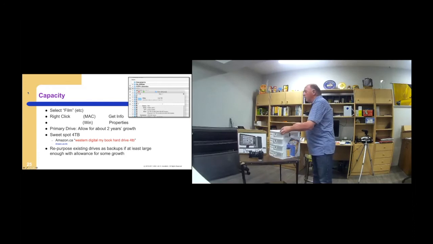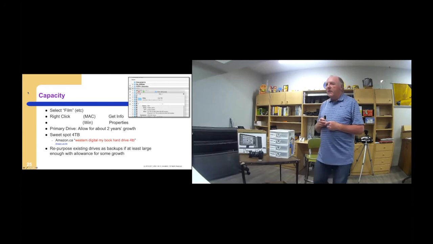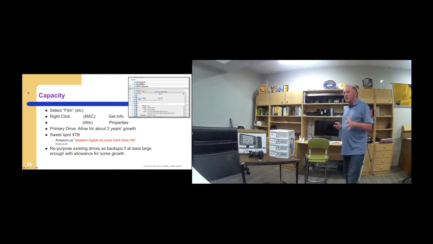The computer will run around and add up the total amount of space that folder is using, including all of its subfolders. If you take a look at the example on the screen, you can see that the one I used adds up to 2.4 terabytes. So in terms of choosing an external drive, how big should it be?